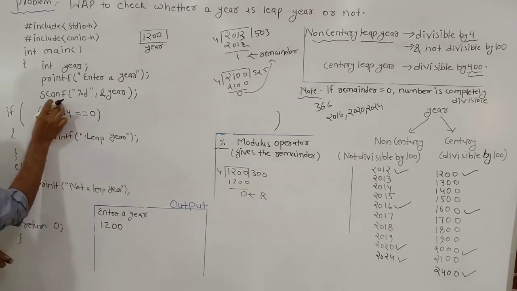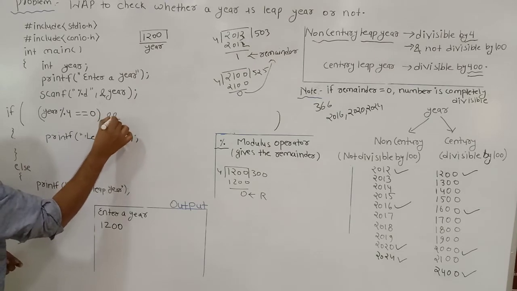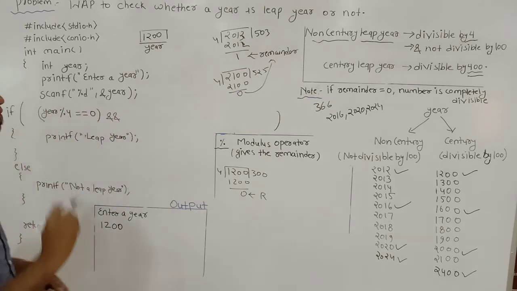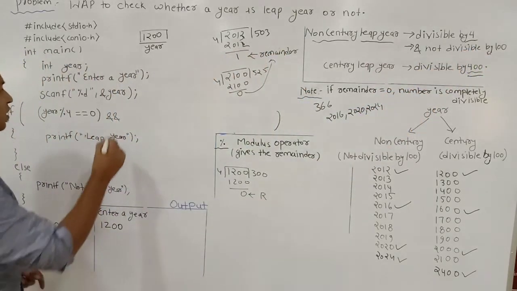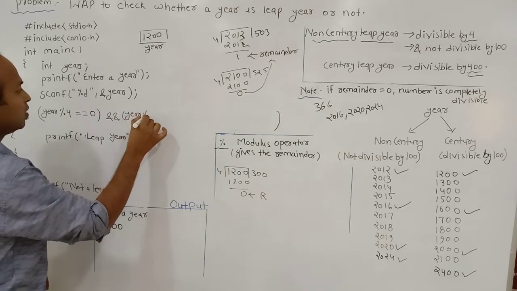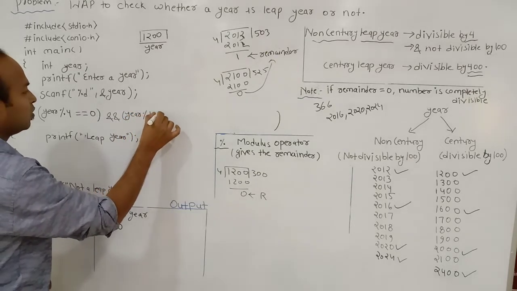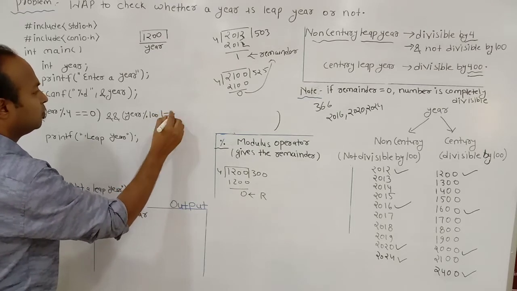If the remainder is 0, then this condition will be true. And the year must be divisible by 4 and not divisible by 100. So year should not be divisible by 100.